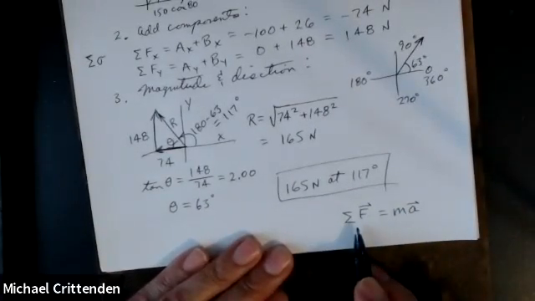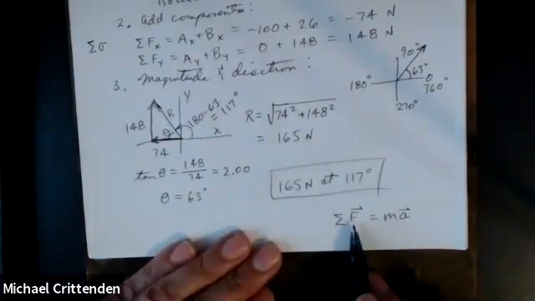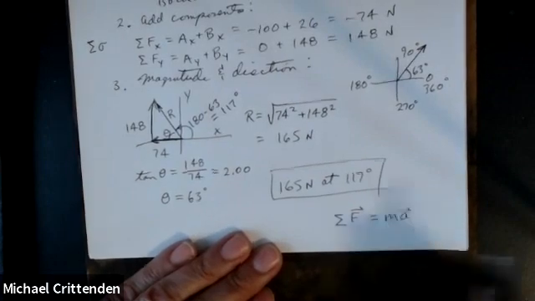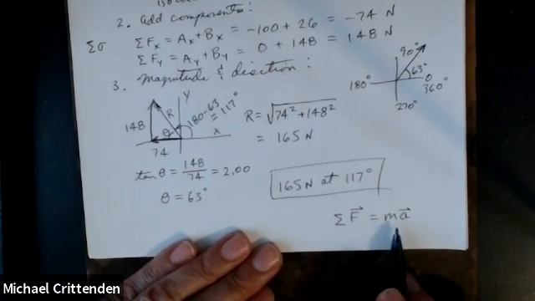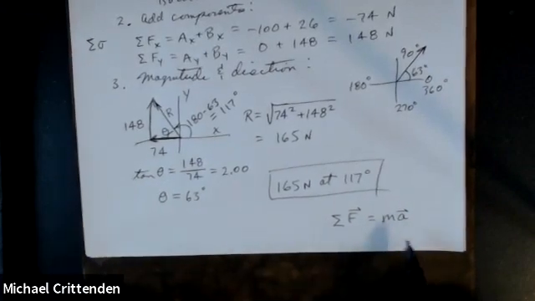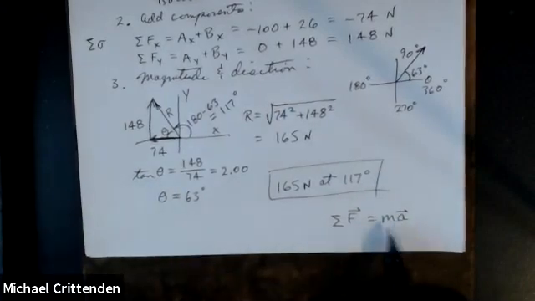You get the resultant of all the forces by doing this kind of thing here, and that resultant force is equal to the mass times the acceleration vector. A vector times a scalar is another vector. If the mass is 2, m times a is just a vector that points in the same direction as a, but it's twice as long if m equals 2.